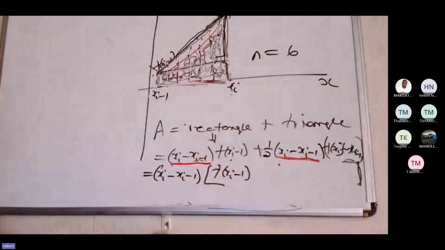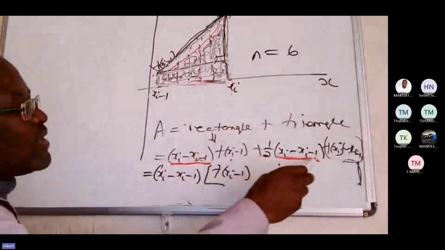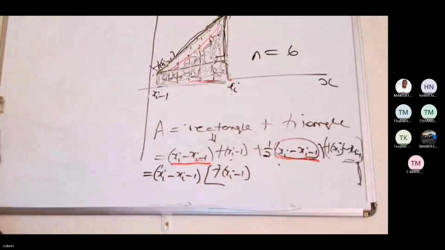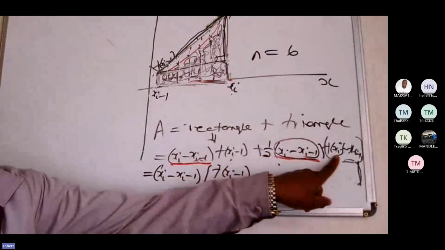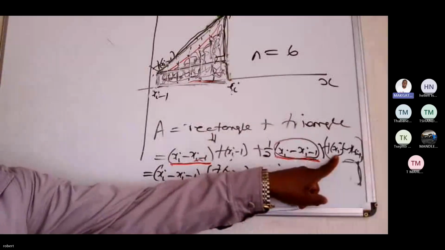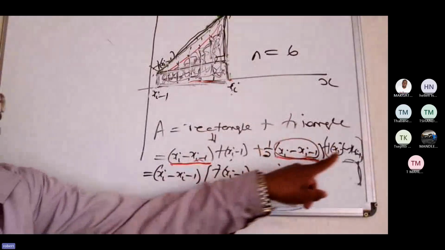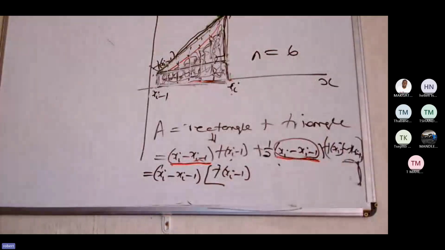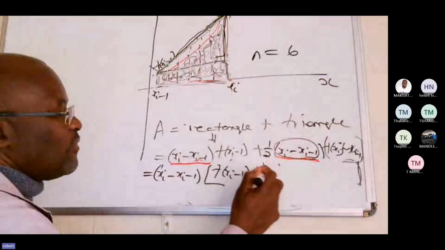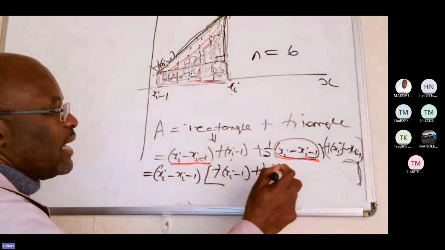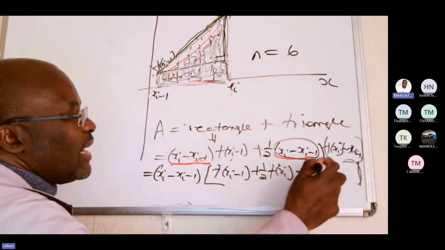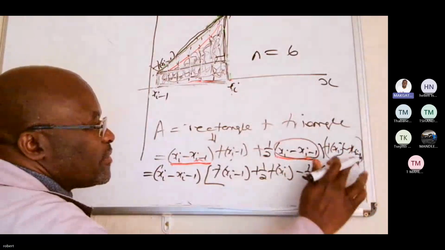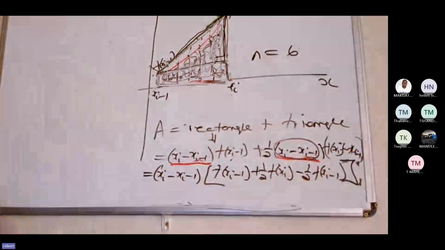And then here, because this one is out now, you can just take the half, multiply it by f of xi, take the very same half, multiply by f minus f of xi minus 1. Then it will be half f of xi minus half f of xi minus 1. It will be this.